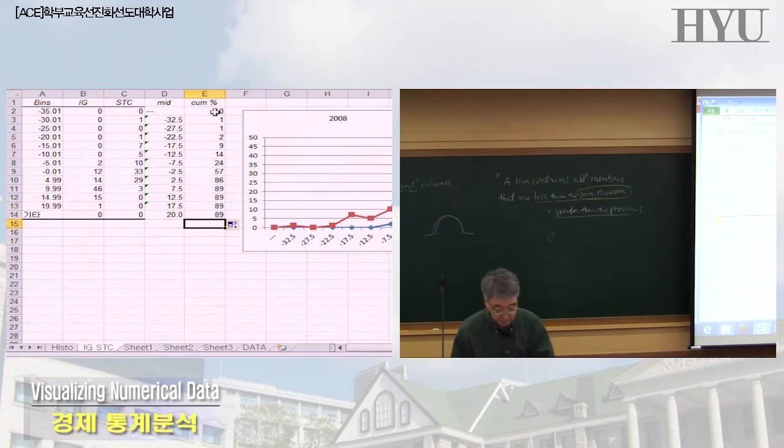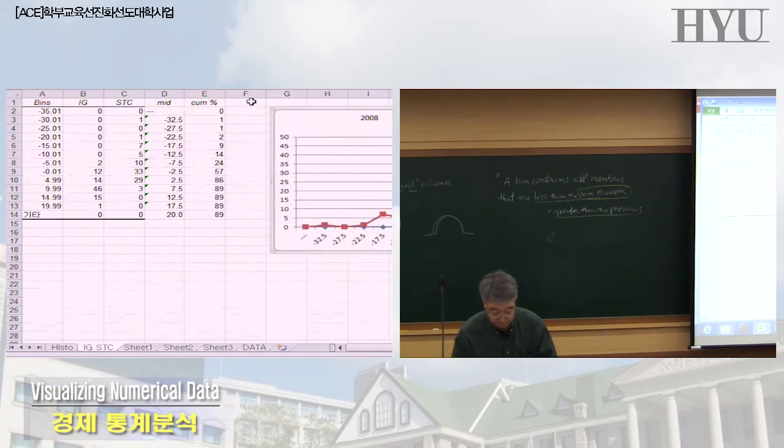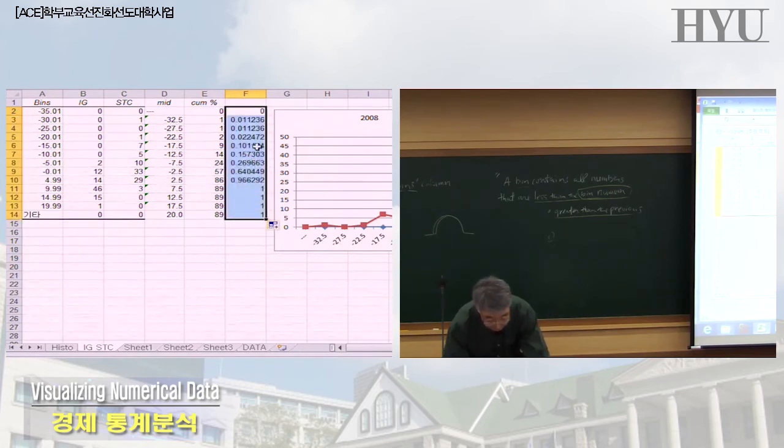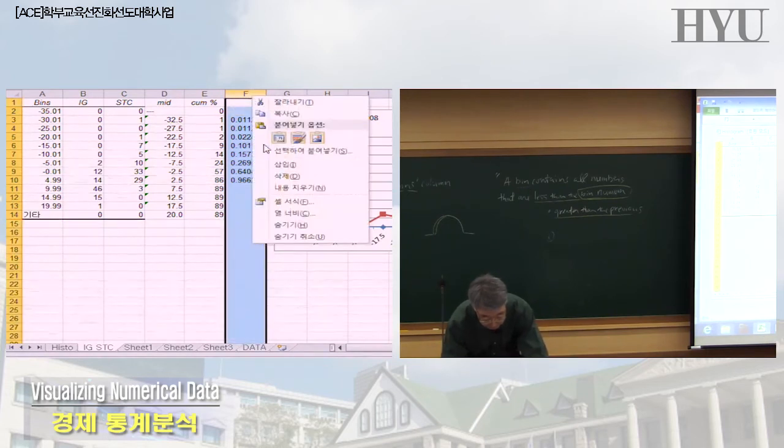So now we need to convert these numbers into percentages, right? So you can say equals this one divided by 89. Now we need to convert it into a nice looking percentage.